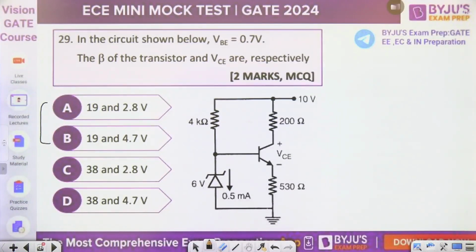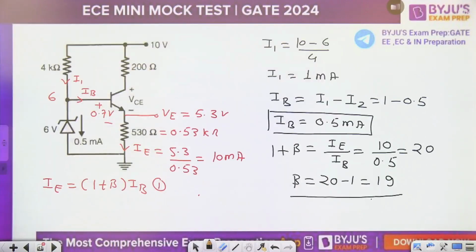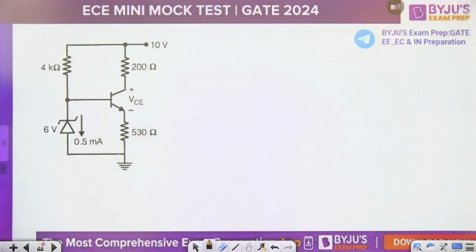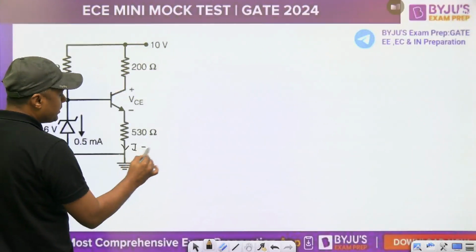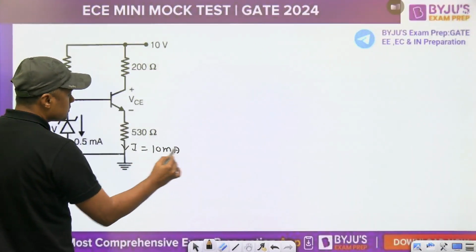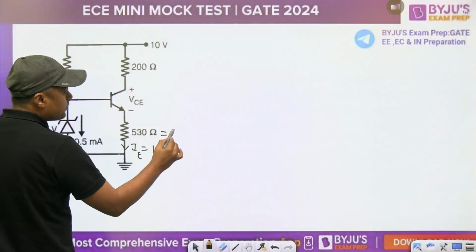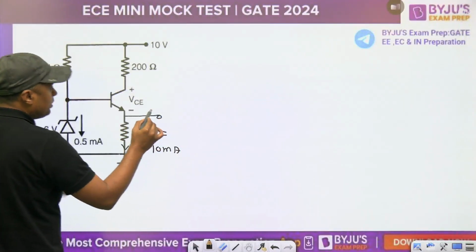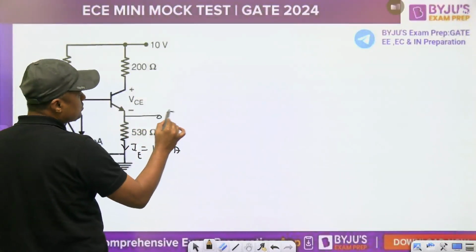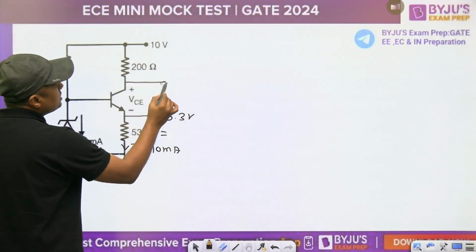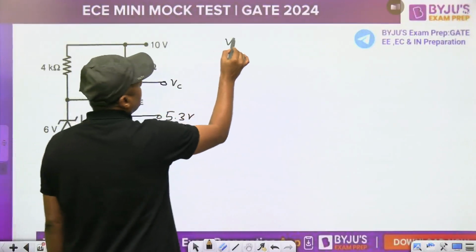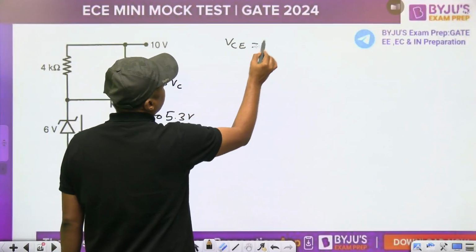Now what is the value of VCE? Watch this diagram. Now you have the value of IE, 10 milliampere. With respect to ground, this voltage is 5.3 volt. Already we have calculated. If you have the voltage VC, then VCE is nothing but VC minus VE.